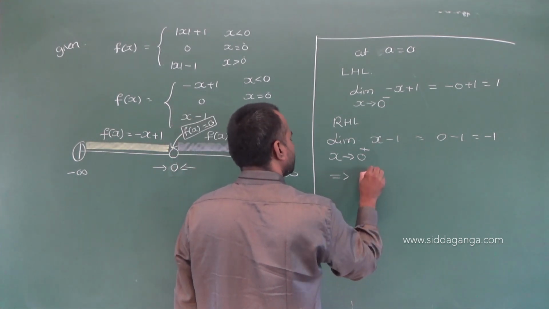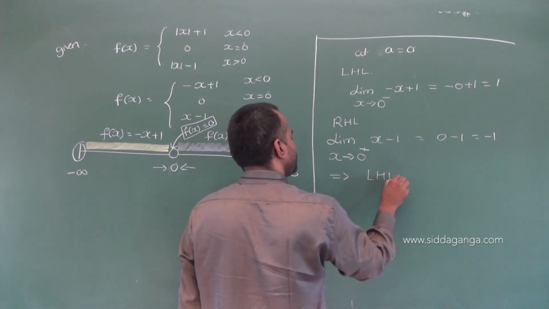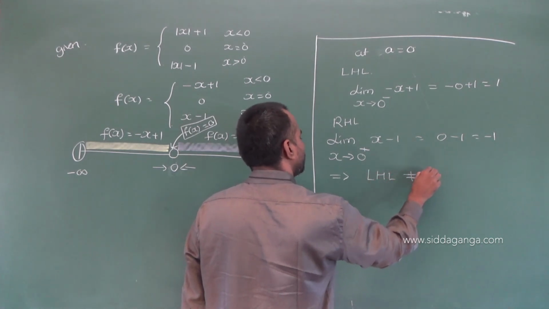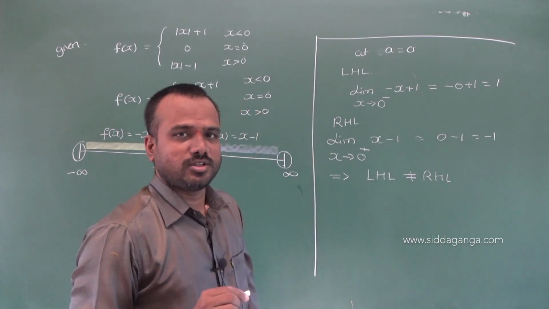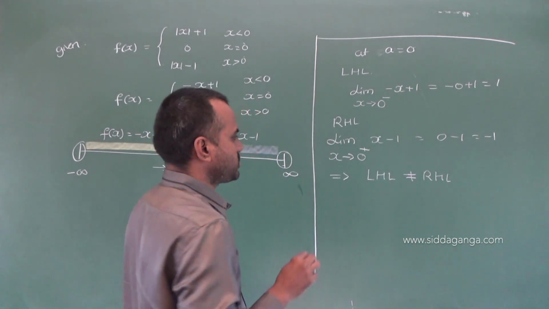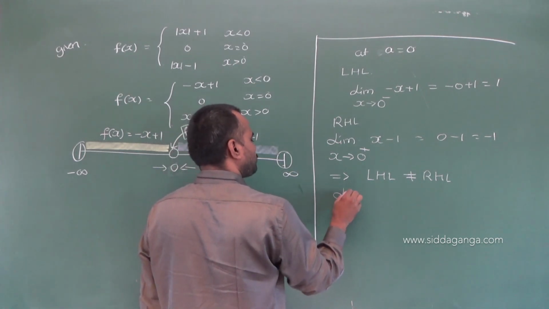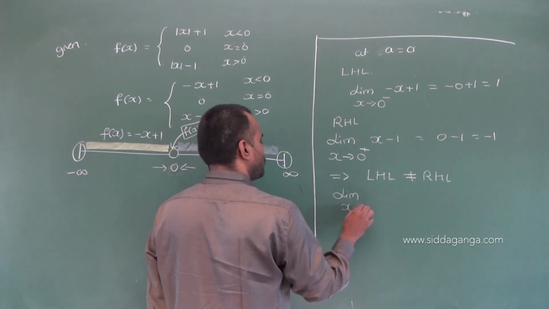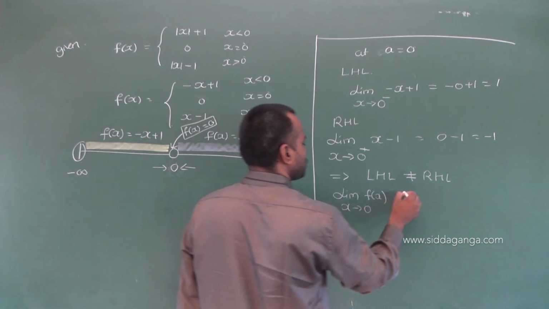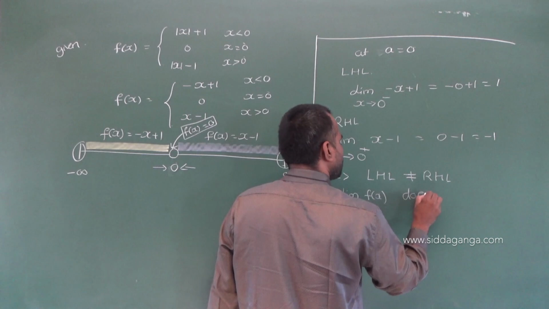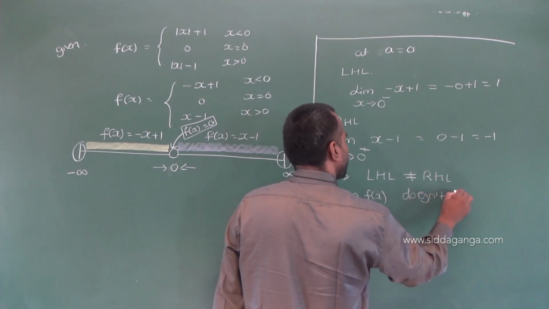That implies left hand limit is not equal to right hand limit. Does it exist? No. Limit x tends to 0 of f of x does not exist.